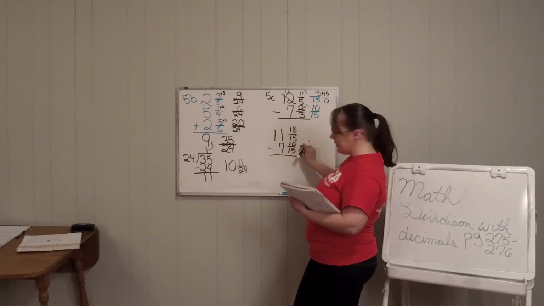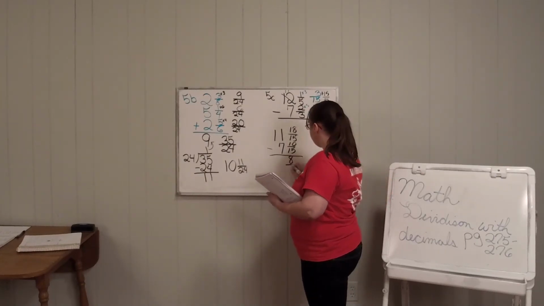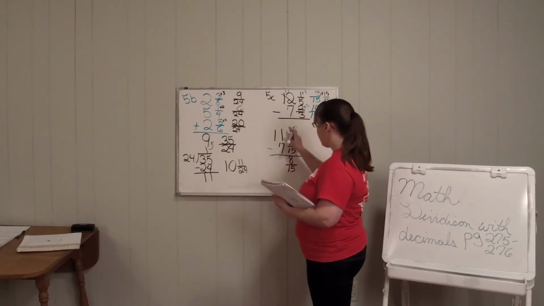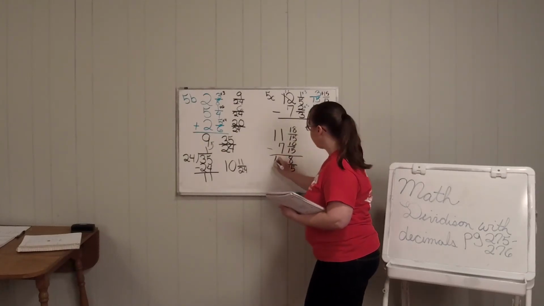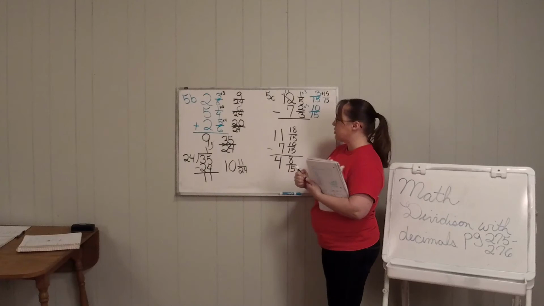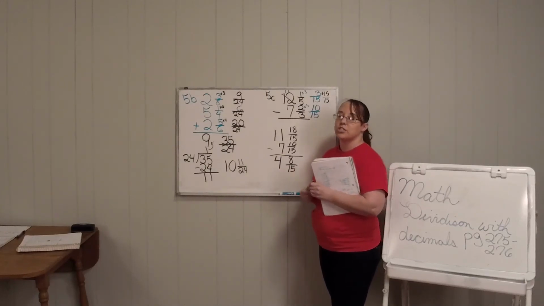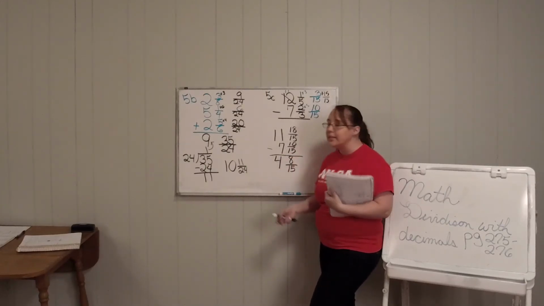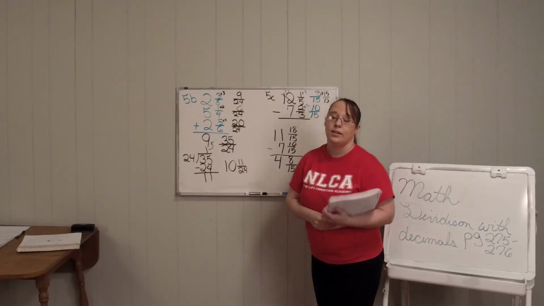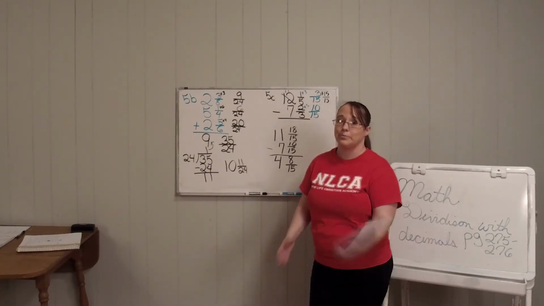18 minus 10 is 8/15. 11 minus 7 is 4. I'll let you look over those and see if there's any questions, because if there is a question, please contact me, because I can't help you if I don't know.